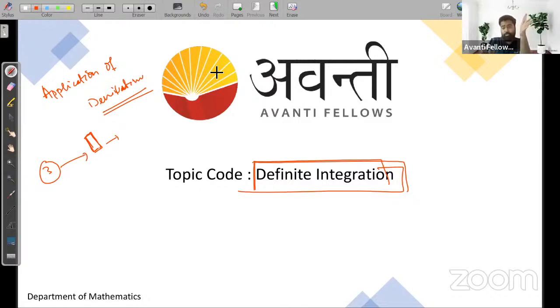Those concepts will be helpful in problem solving in definite integrations also. In definite integrations we evaluate the integration and put in the limits, and in case of area under the curve, we find the area. So let's start from the properties of definite integrations.